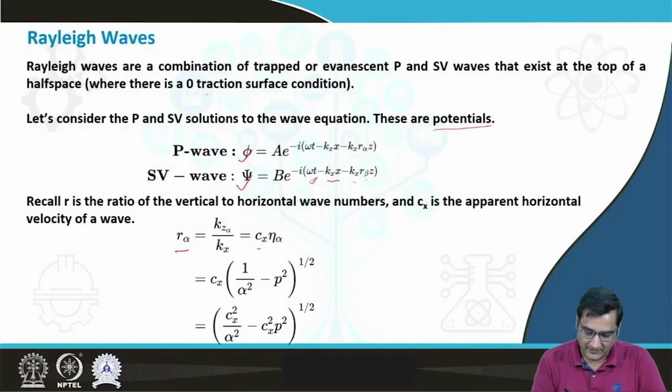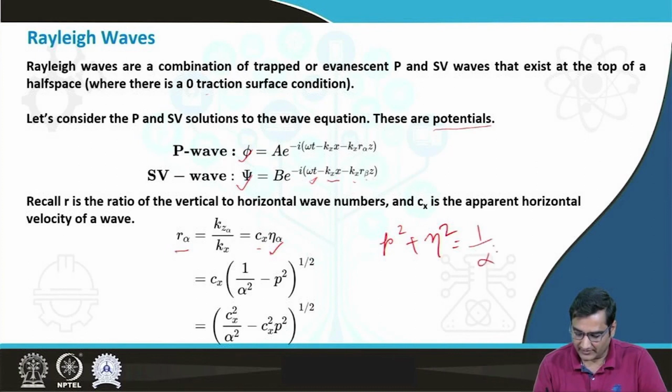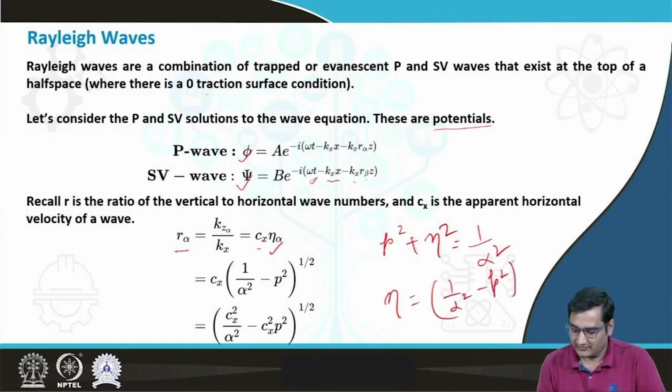If you remember that p square plus eta square is equal to 1 by alpha square, then we can write eta as equal to (1 by alpha square minus p square) to the power under root.